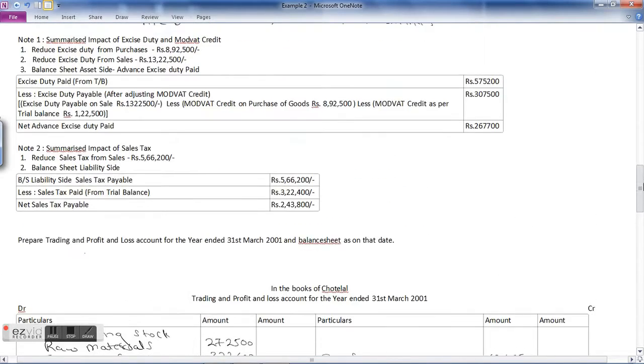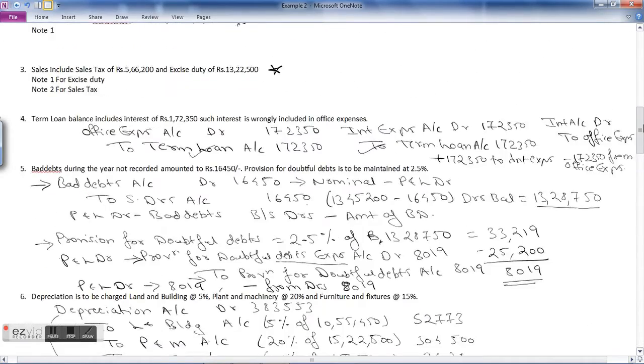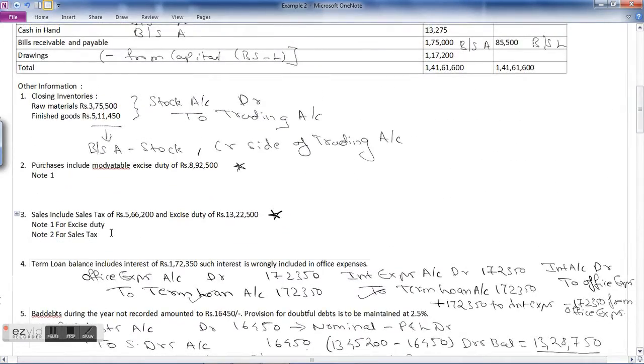Now let's go to the adjustments one by one. Okay, next, closing inventory, raw material 3,75,500, finished goods 5,11,450.